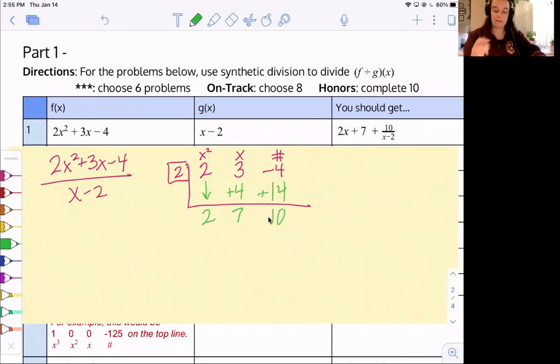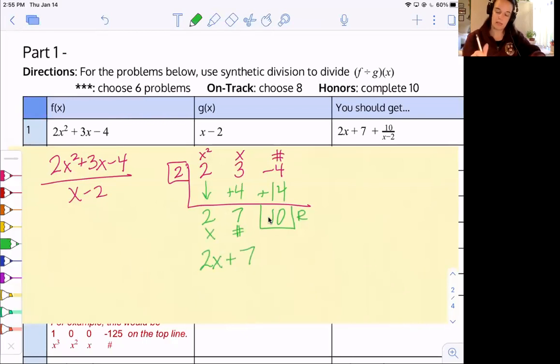Right, and I got to the end of my coefficients, so this is my remainder. I have my number, and I have my x's. Can someone help me? How would I write this as my answer? 2x plus 7. Thank you, Emiliano.